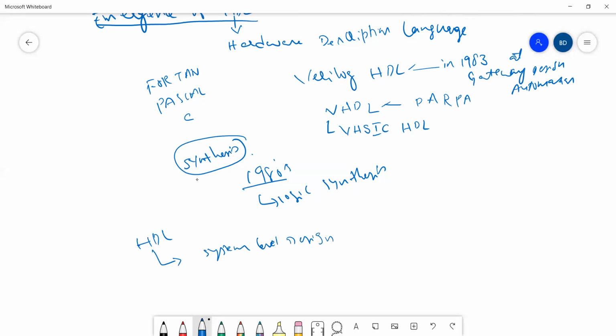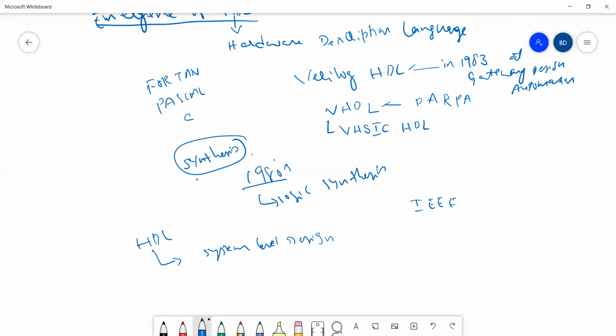HDLs were used for the simulation of system boards, interconnect buses, FPGAs, PLAs, and a common approach is to design each IC chip using HDL and then verify the system functionality via simulation. Today, Verilog HDL is accepted as an IEEE standard.